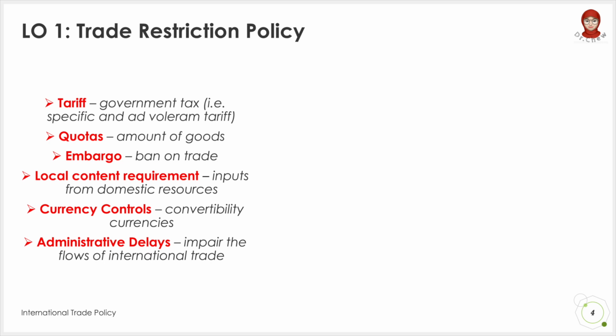We can classify a tariff into one of two categories. First, an ad valorem tariff is levied as a percentage of the stated price of an imported product. Second, a specific tariff is levied as a specific fee for each unit. It can be measured by number, weight, etc., of an imported product.